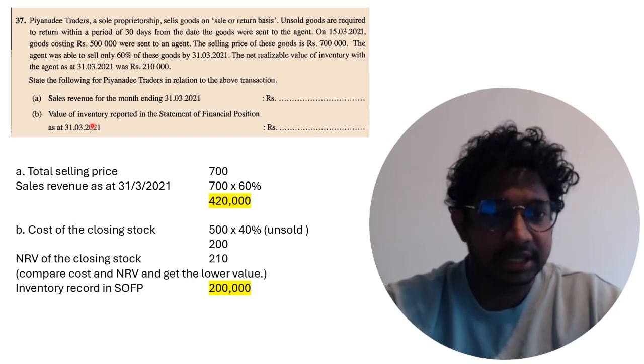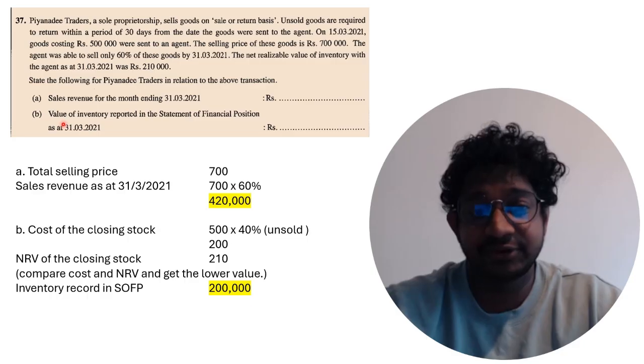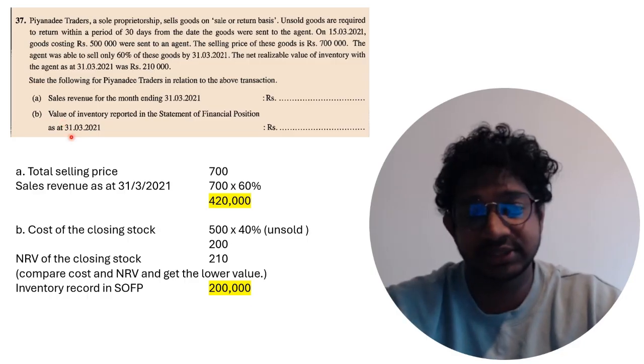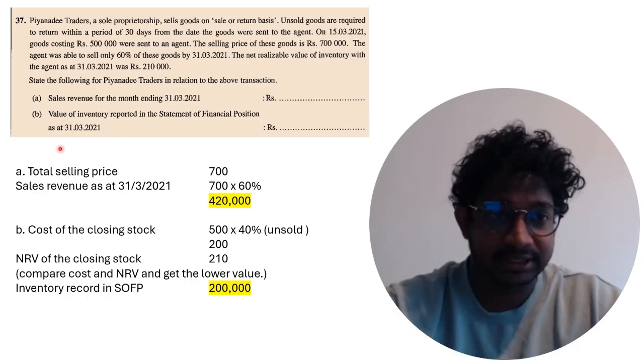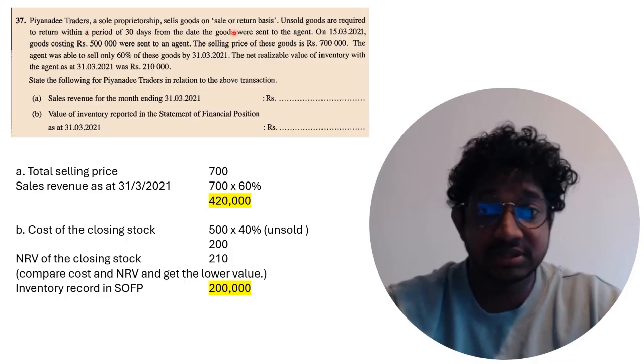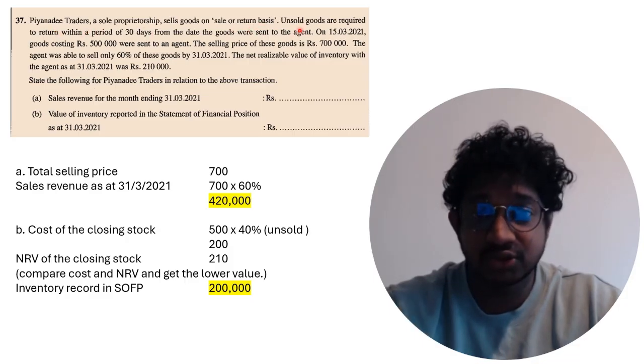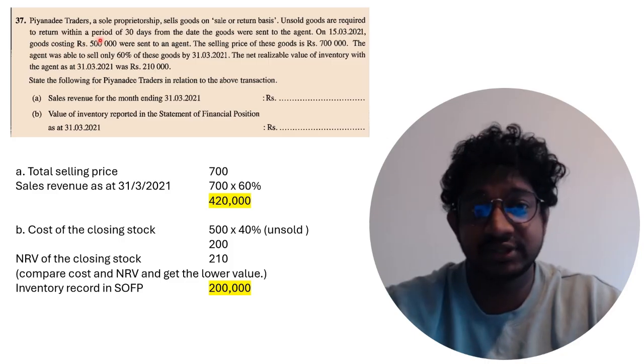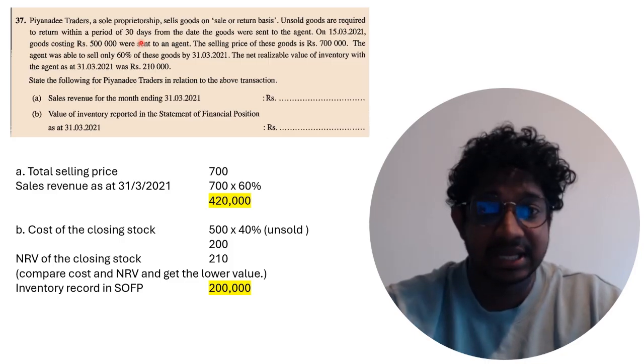Question 37. They're asking the sales revenue, and the value of inventory reported in the statement of financial position as at closing date. So here, a sole proprietorship trader sells goods on sale or return basis. So unsold goods are required to be returned within a period of 30 days. Right?